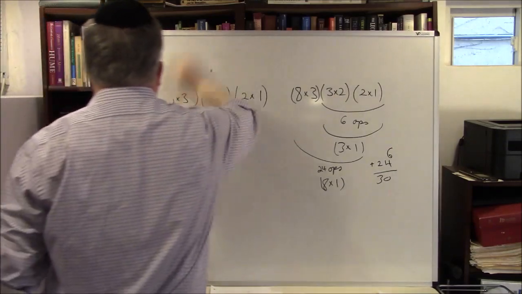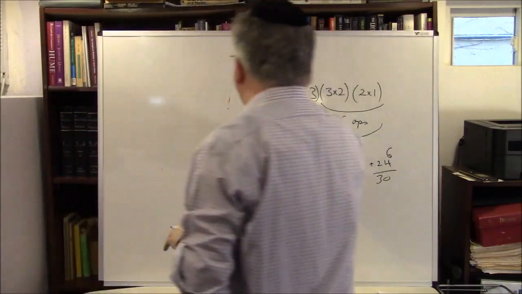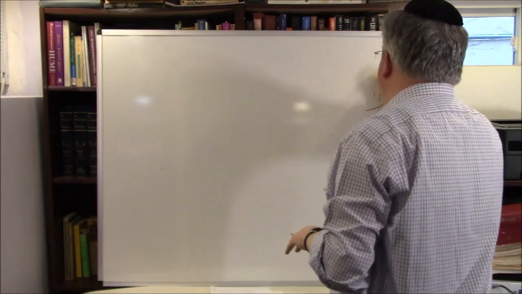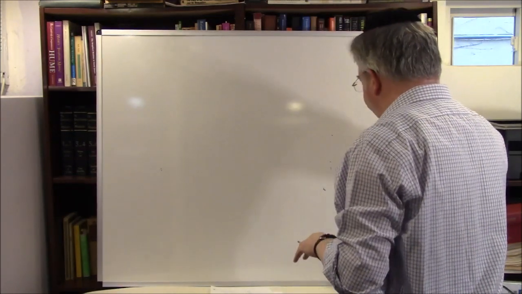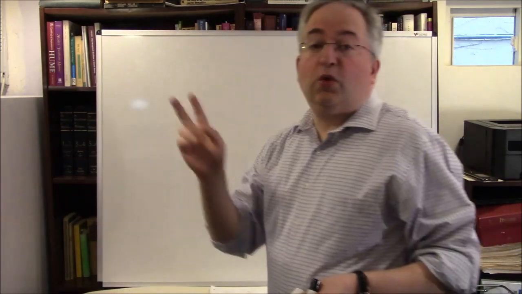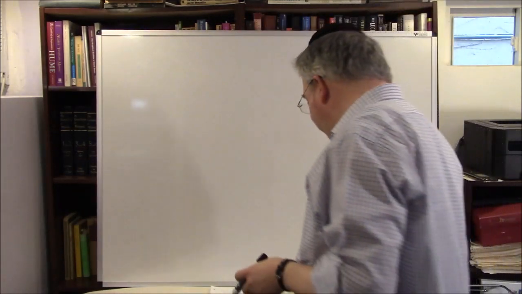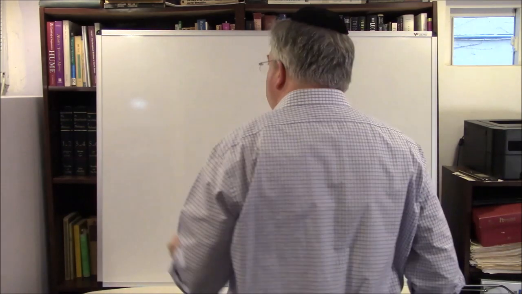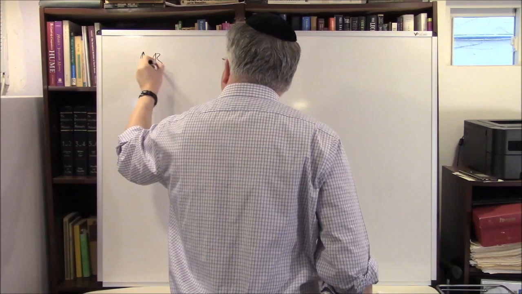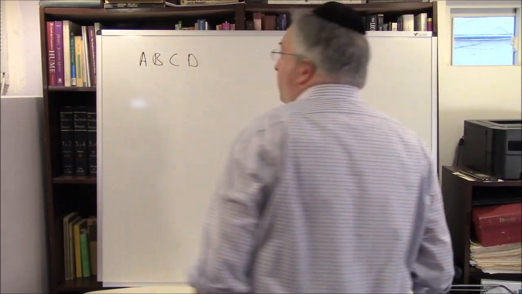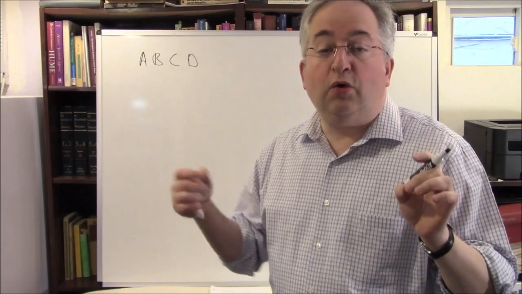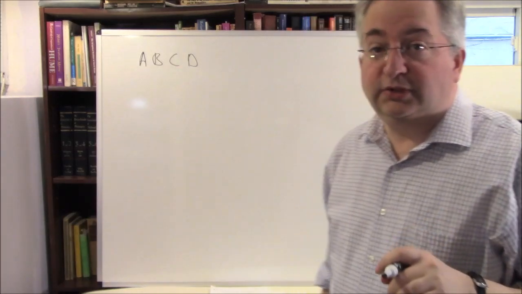Great. Let's go on. Now that we saw a way of solving three matrices, how about four matrices? When you have three matrices, there are two ways of doing it. How about when you have four? Let's say you have four matrices, A, B, C, and D. How many different ways are there of parenthesizing or associating four matrices?